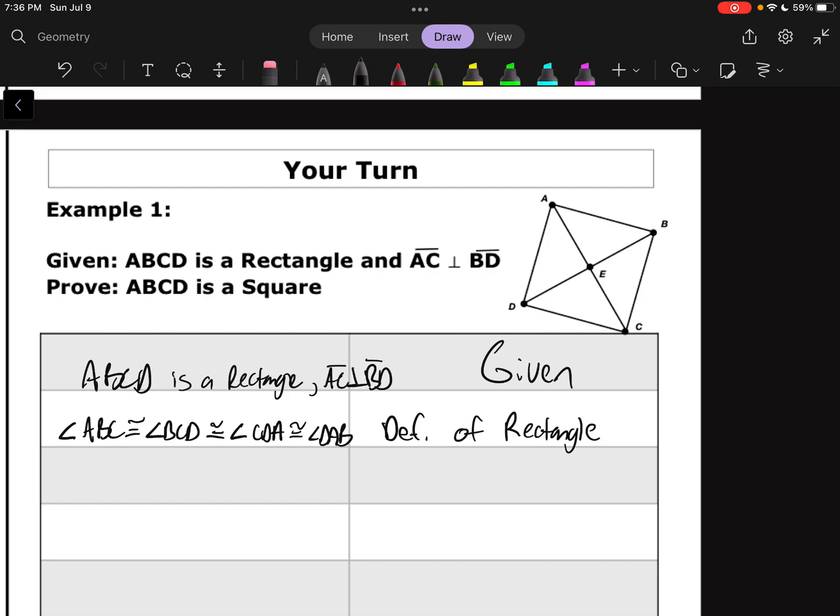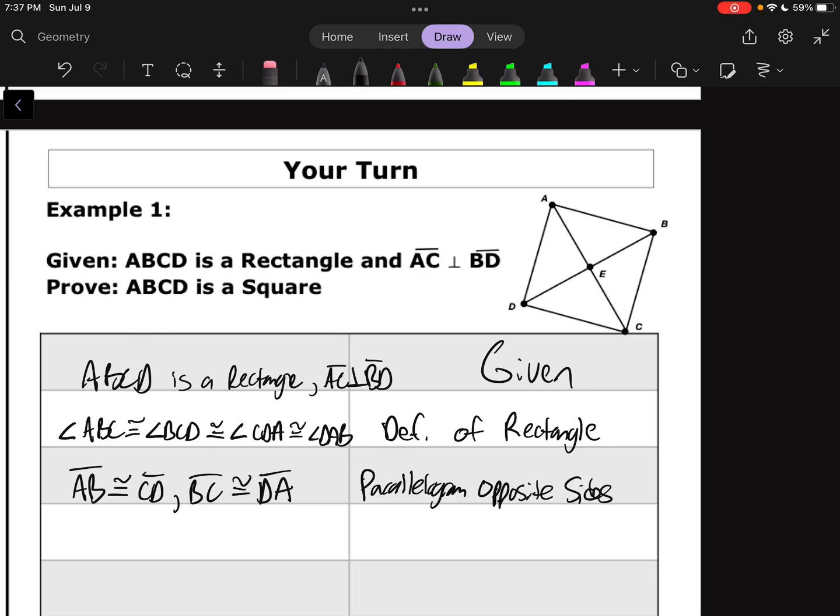Now, we also already know, since this is a rectangle, that AB is congruent to CD and BC is congruent to DA. That's because it's a parallelogram. So that's the parallelogram opposite sides theorem. So we've got those being the same, those being the same.